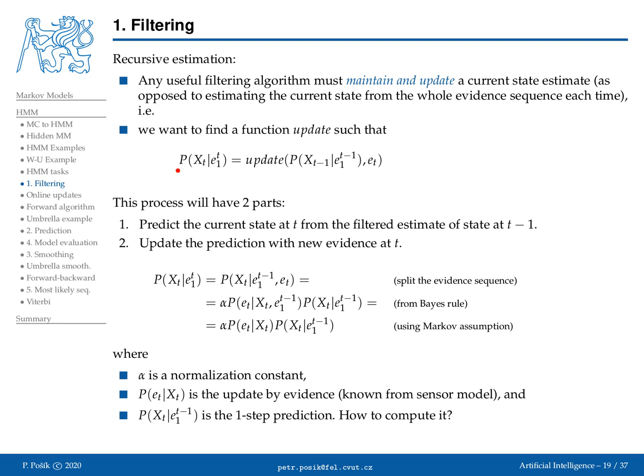But we want to compute this, right? So this is the same quantity. And we may split the observation sequence from time 1 to time t into observations from time 1 to t minus 1 and the last observation, right? That's what we can do, definitely.